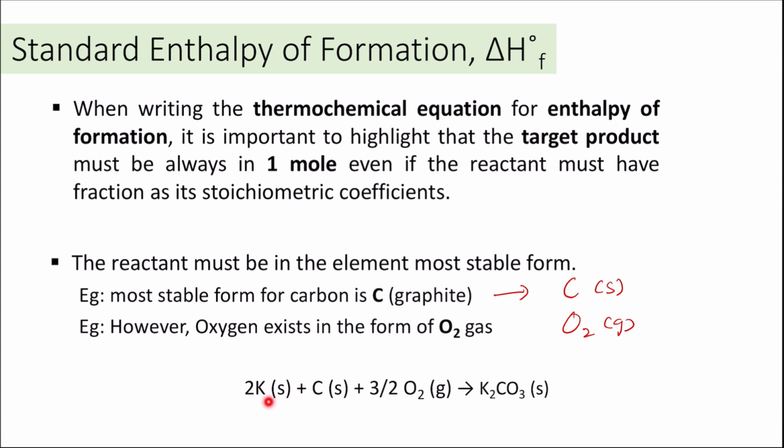So, boleh nampak potassium dan carbon dalam solid phase which is the most stable form untuk mereka. And oxygen gas adalah O2, the most stable form untuk oksigen. Dan awak akan balancekan equation sebab tu awak akan tambah stoichiometric coefficient untuk bahagian reactant sahaja. Kerana produk stay 1 mole based on definition standard enthalpy of formation.